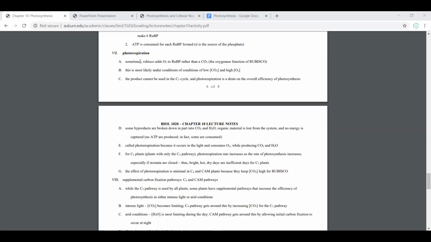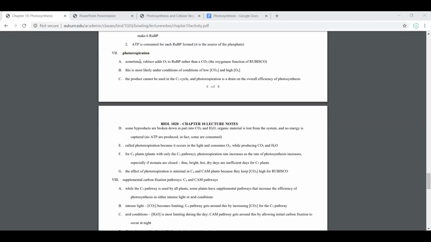During conditions of low CO2 concentration and high oxygen concentration, the Rubisco will be more likely to bind to the oxygen if there's a very high oxygen concentration.